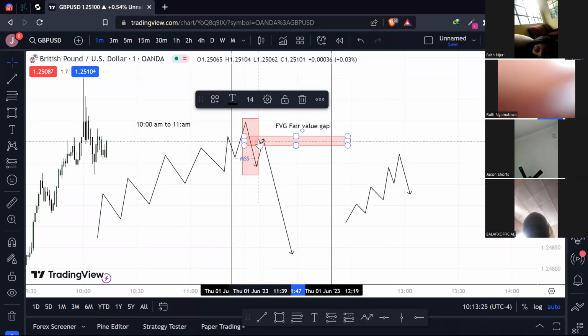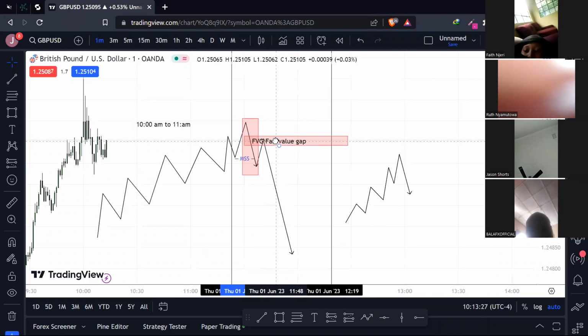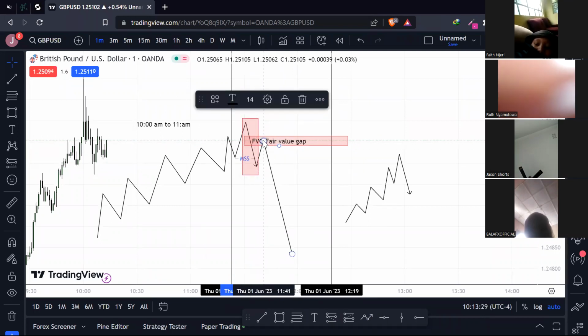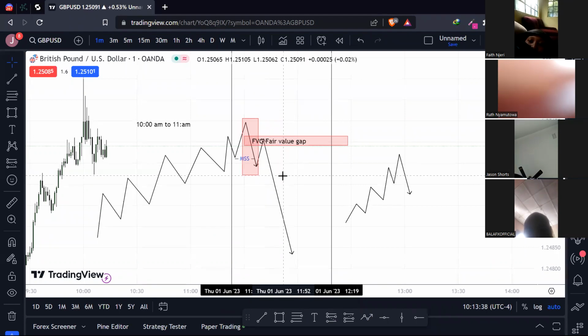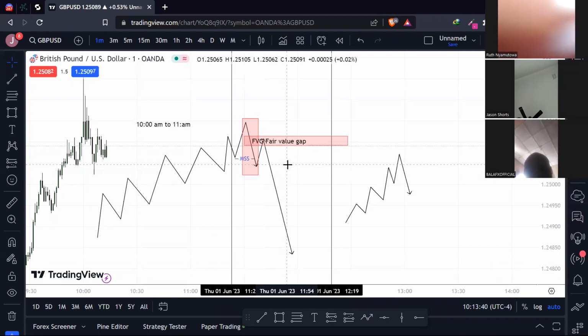There will be a fair value gap here. That's why the price comes and retests the fair value gap, fills it, and trades down. So that's our entry model and our trade. Preferably we'll take 1:2 RR or 1:1 RR. If you're a beginner, take 1:2 RR or 1:1 RR.